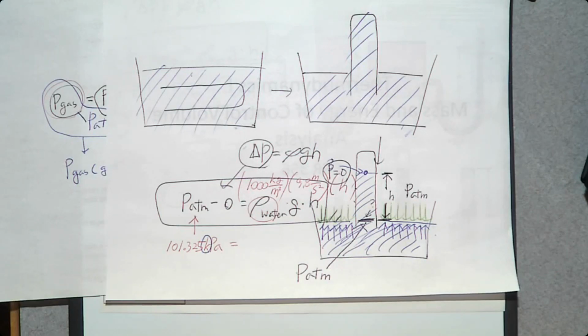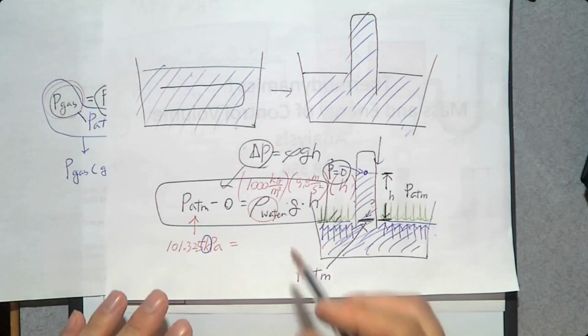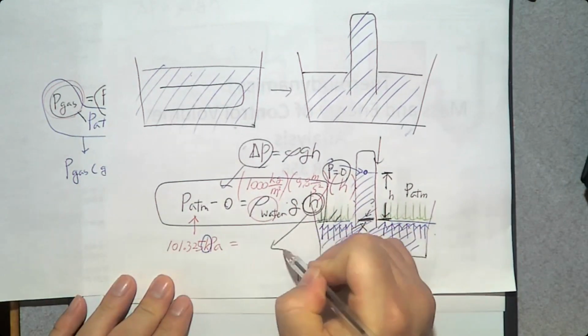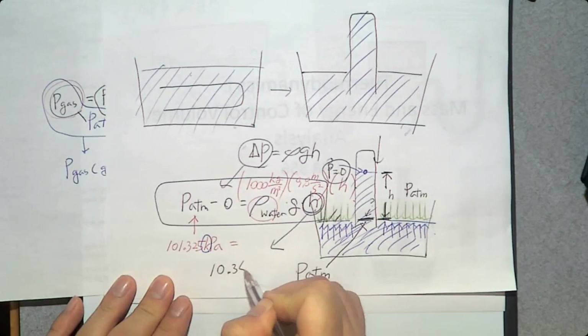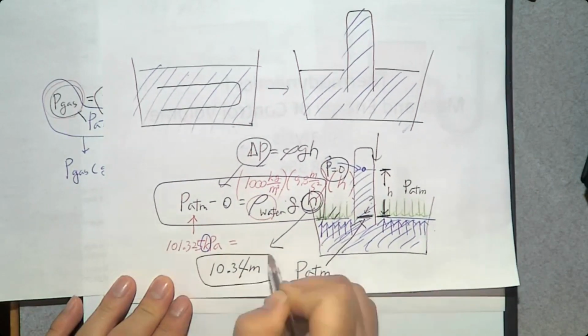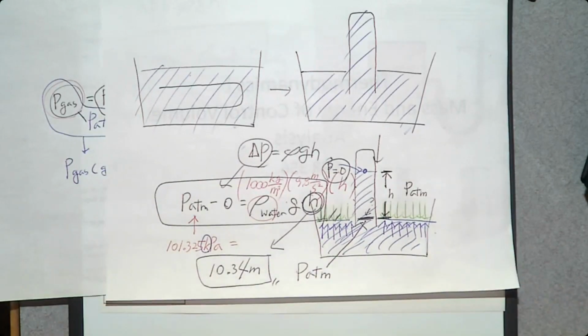It's going to be 10.34. So if you do the calculation, this h should be 10.34 meters. So if you build your own barometer, this tube should be this much tall. So can you make one? You can, but it's going to be too big, right?